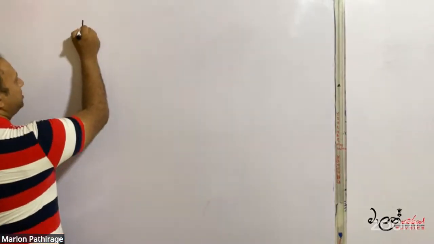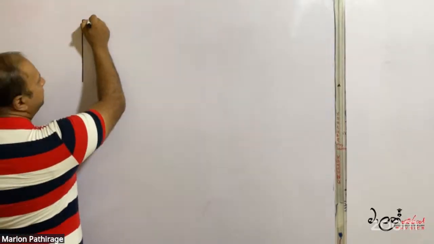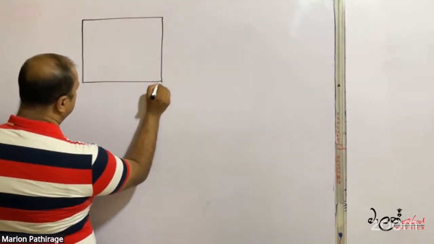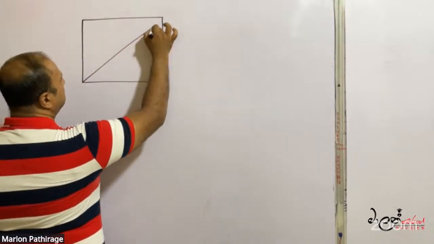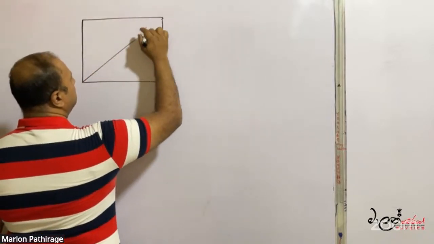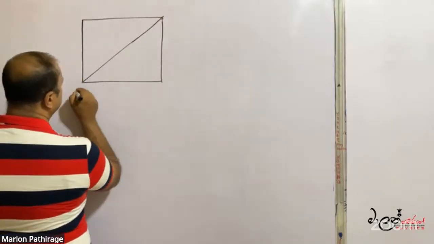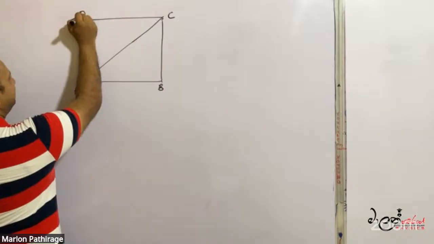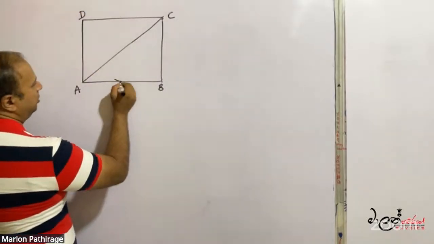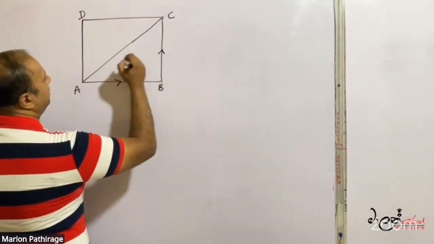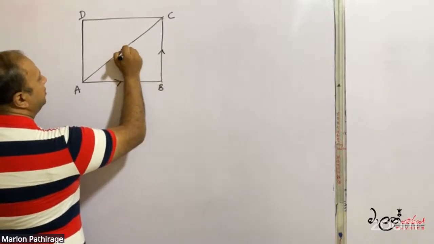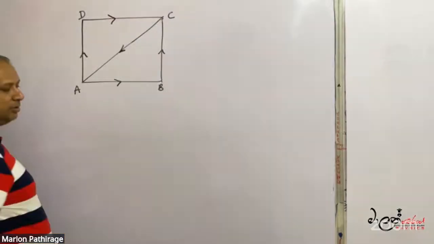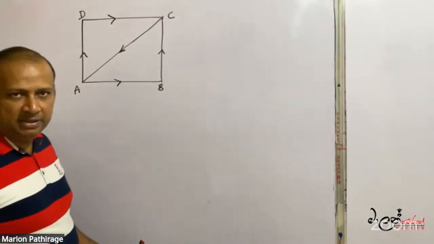Now, suppose this is a geometrical figure, A, B, C, D. There are vectors like this.